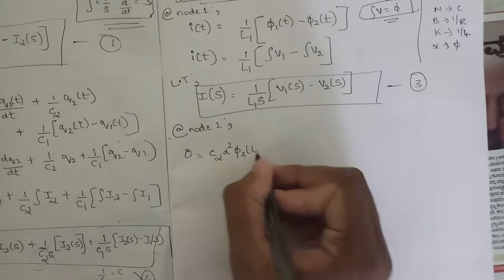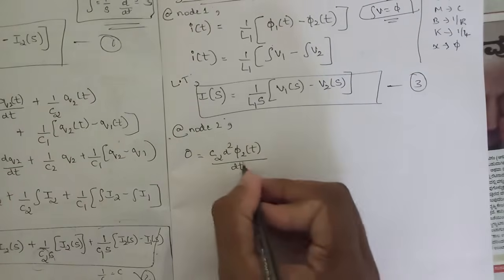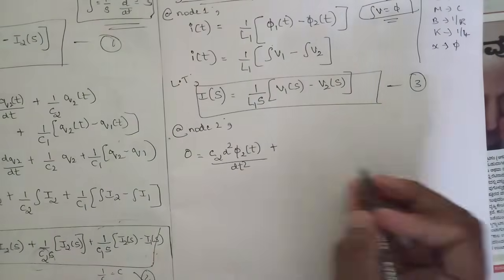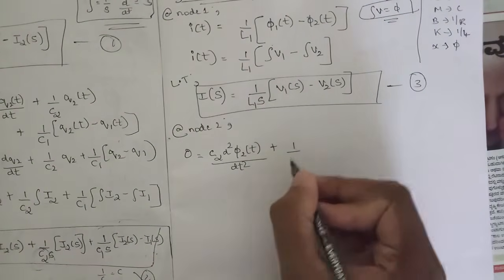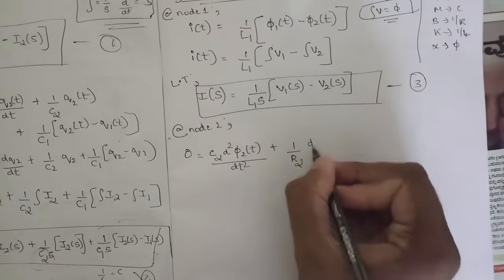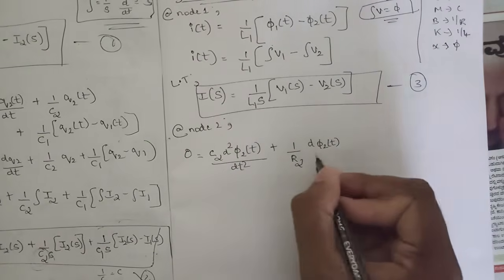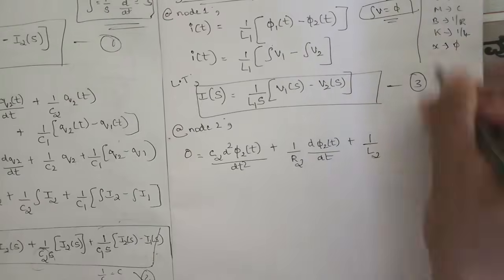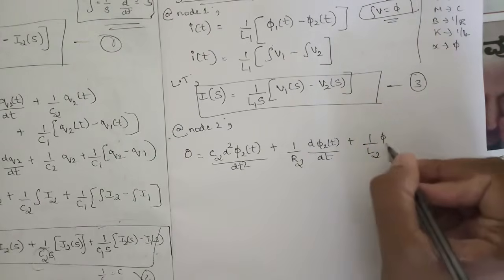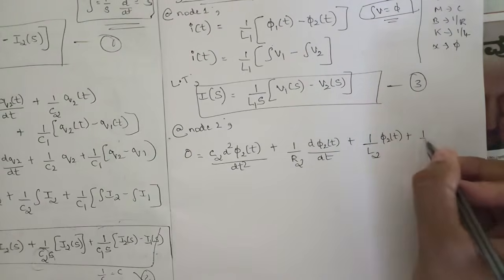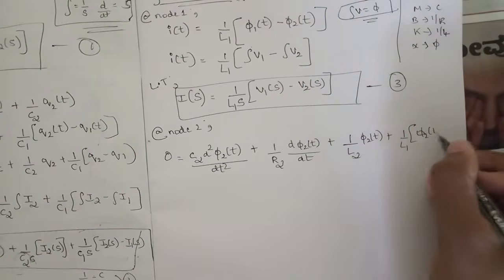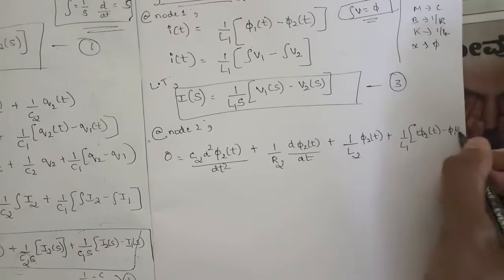X is replaced by phi, so d square phi 2 of t by dt square, plus B is replaced by 1 by R, so we had B2, so 1 by R2 d phi 2 of t by dt, plus 1 by L2, we had K2, so 1 by L2 phi 2 of t, plus 1 by L1, we had K1, so phi 2 of t minus phi 1 of t.